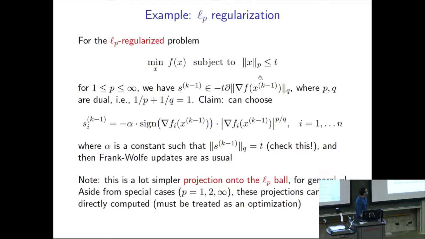And what are the subgradients of this? I think in previous years I put this on a homework, but I'm just going to tell you what it is now. You can compute subgradients of any Lq norm efficiently via this rule. So the update is minus t times a subgradient. I'm telling you what this whole thing is going to look like.